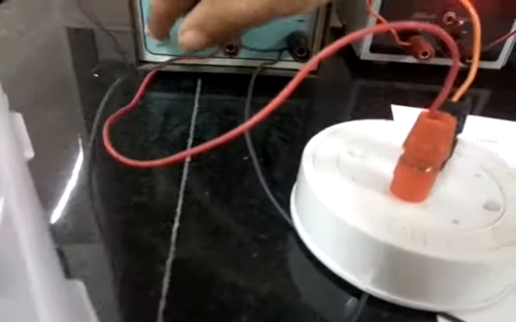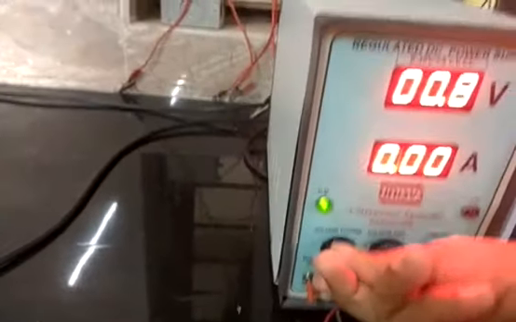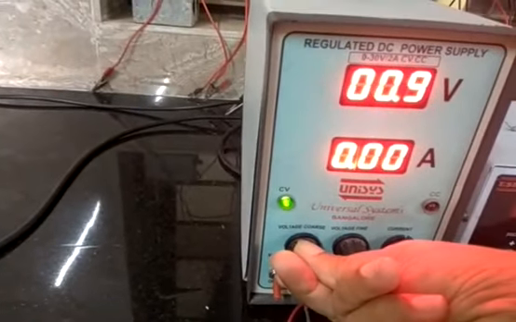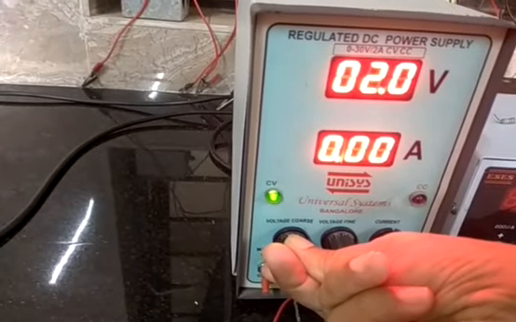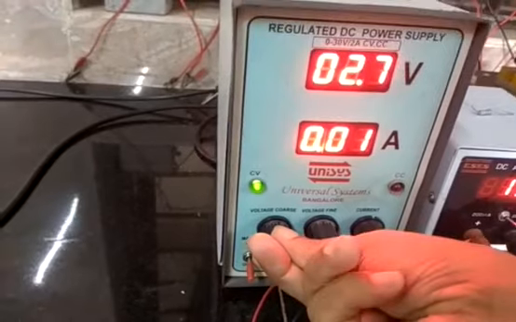Now switch on the circuit. You have got VTH as 3 volt by calculation. So set up 3 volts. And then RTH is taken as 150 ohms.